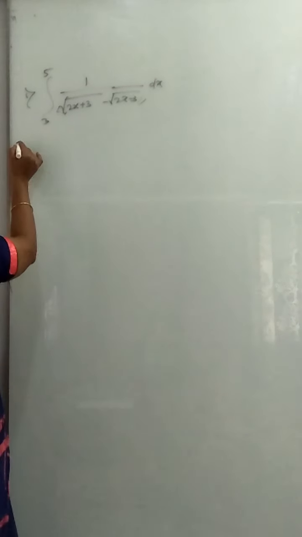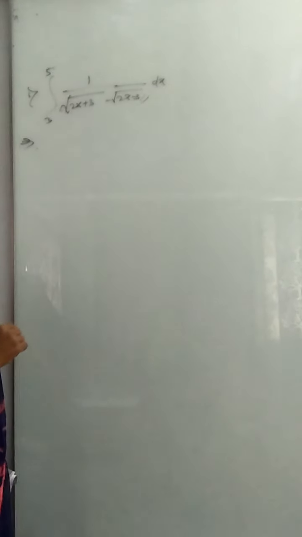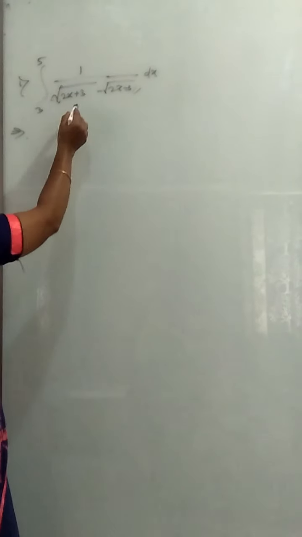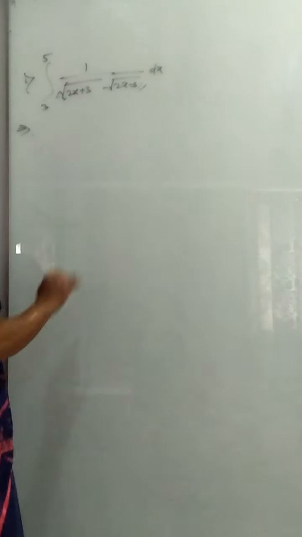To solve this example we have to use the rationalization method, and the rationalizing term is root of 2x plus 3 plus root of 2x minus 3, and we multiply this example with the rationalizing term.